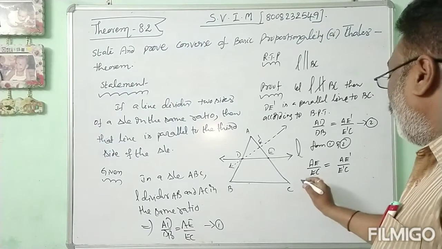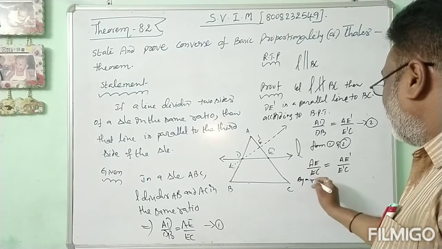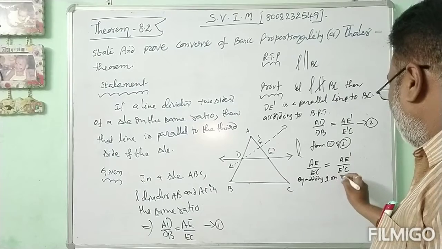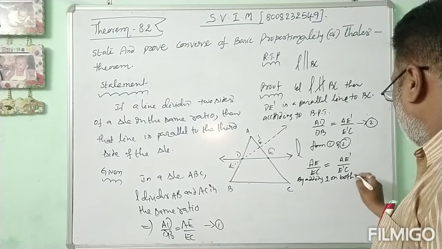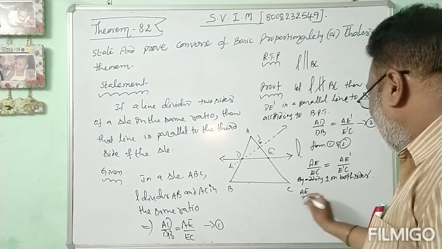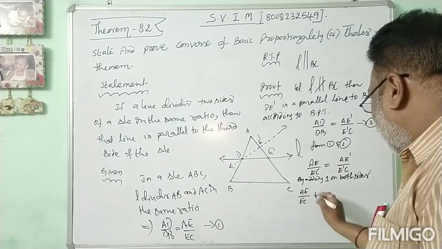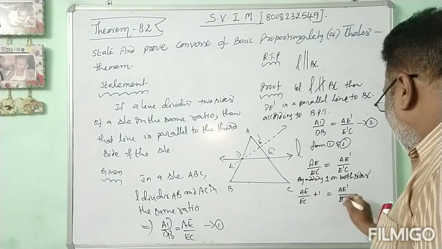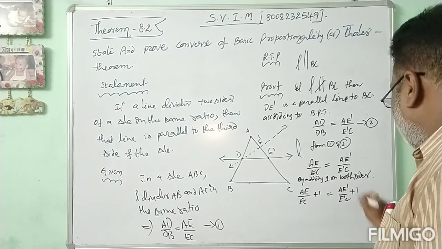By adding 1 on both sides, then AE by EC plus 1 is equal to AE dash by E dash C plus 1.